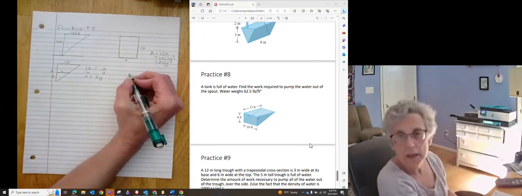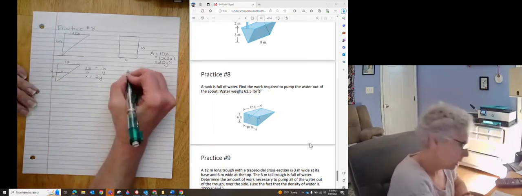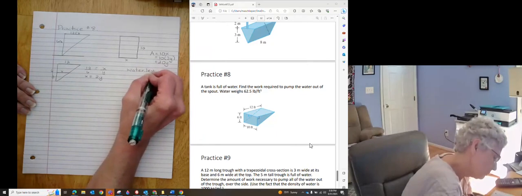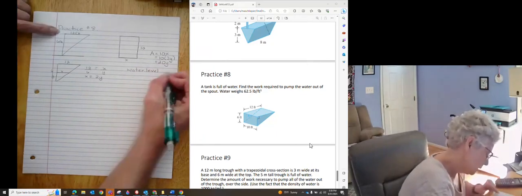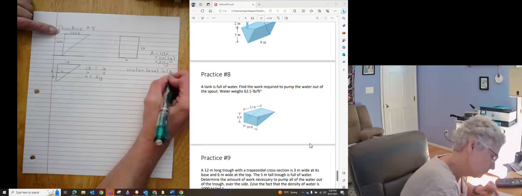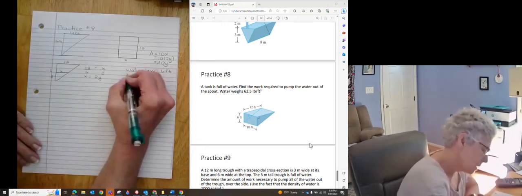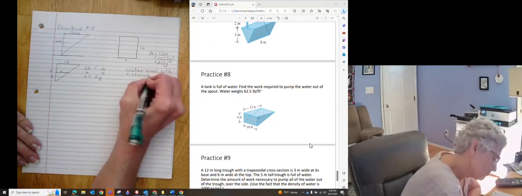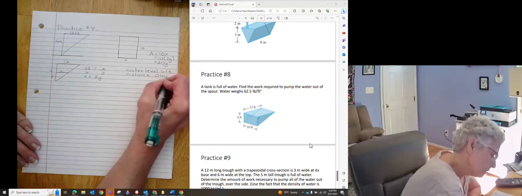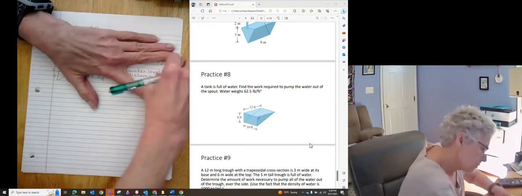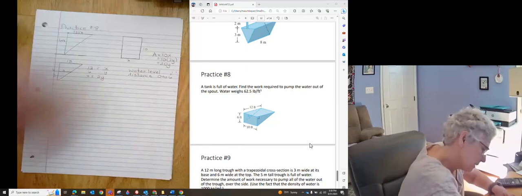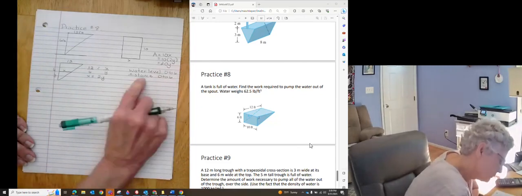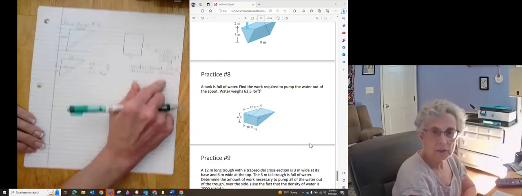We just talked about the water level and the distance. Water level is 6 feet. So 0 to 6, and I'm going to write this as 0 to 6 because I like to represent my limits of integration as the water level.